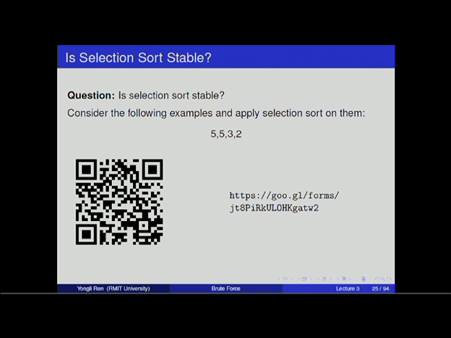Given the following numbers, can you take out a phone and scan this QR code and put in the answer? You will find there are several answers: yes, no, and a third one. Think about it, and click your answer.